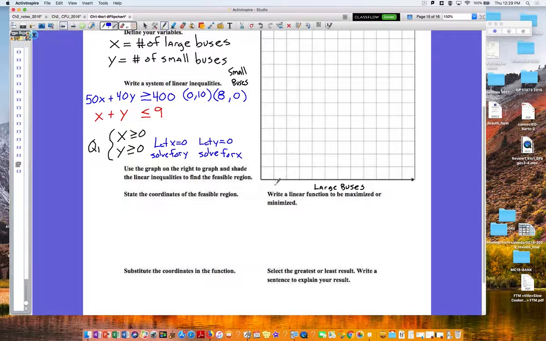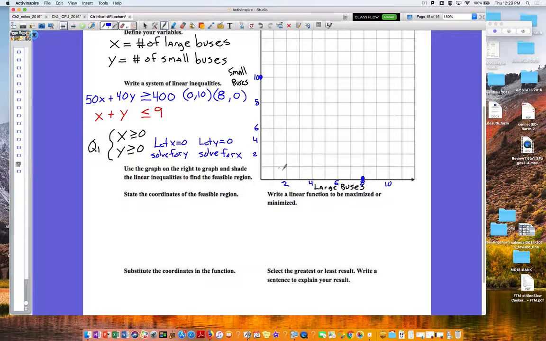What's nice here is that each square is 1, so I'll label every other one 2, 4, 6, 8, 10, going up 2, 4, 6, 8, 10. So here I'm going to graph the point (0, 10) and then (8, 0).